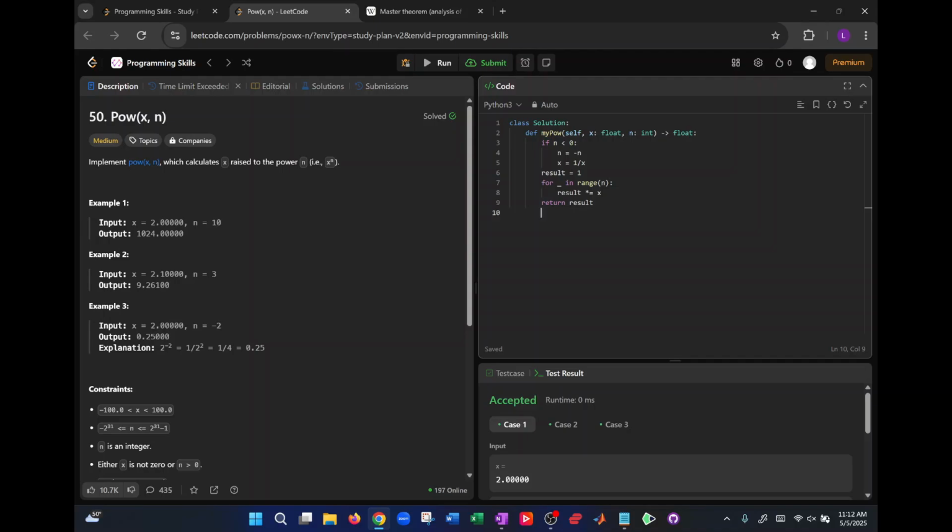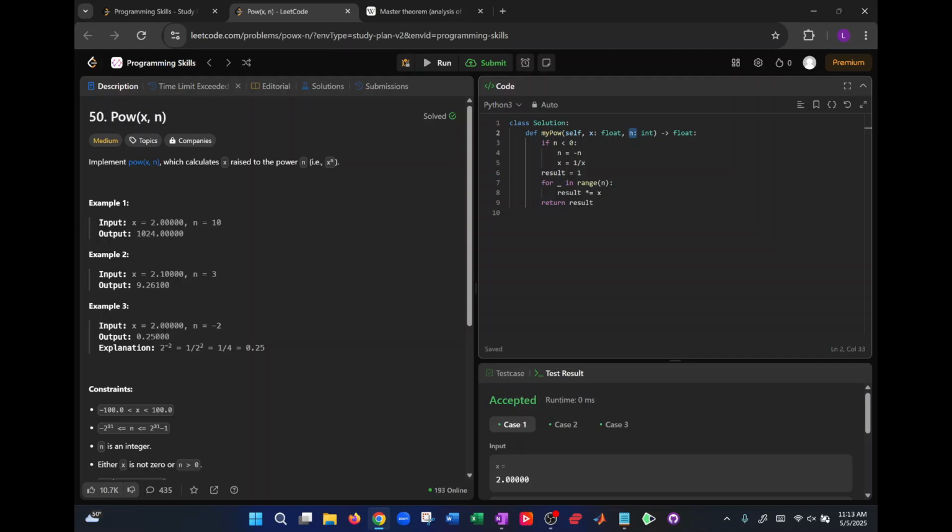Depending on how much you've studied algorithms, this implementation is pretty slow because in terms of complexity, it's big O of n, because you have to do this multiplication n times.